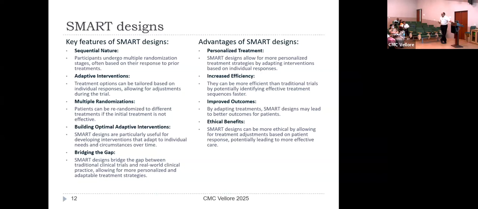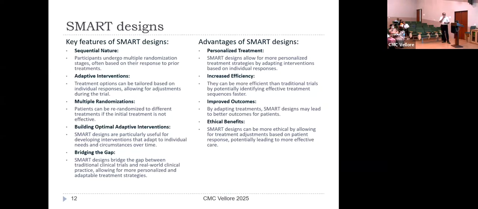Why do I say randomization? It's because you have 4 or 5 different things that you could give them. And now you randomize which of those you're going to give to that person as the next one, because this one failed. And then you get the optimal adaptive interventions by, now it's more complex analysis to get that.